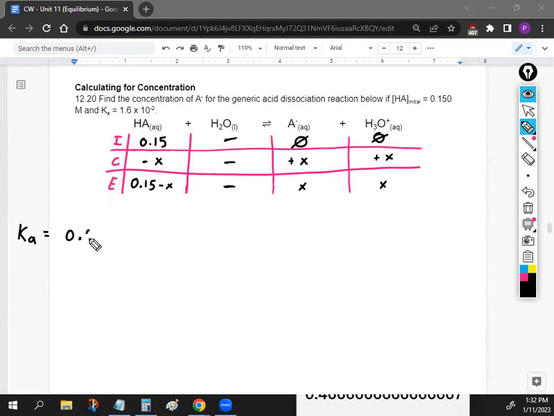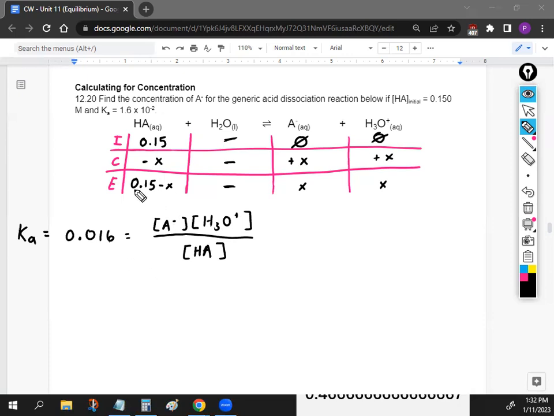So you can put 0.016, and we know that is equal to the concentration of our products, divided by the concentration of HA. I'll pause right there. So far, so good on this.